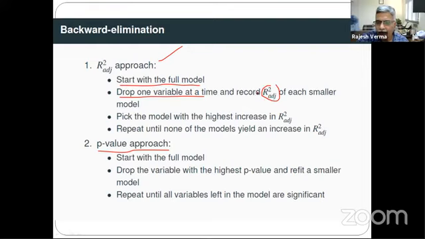Then we remove another variable and find the adjusted R-square value. This way we find the model that leads to the highest increase in adjusted R-square. And this process is repeated until none of the models yield an increase in adjusted R-square.